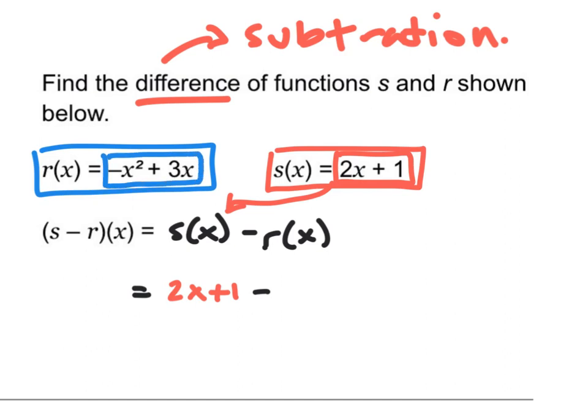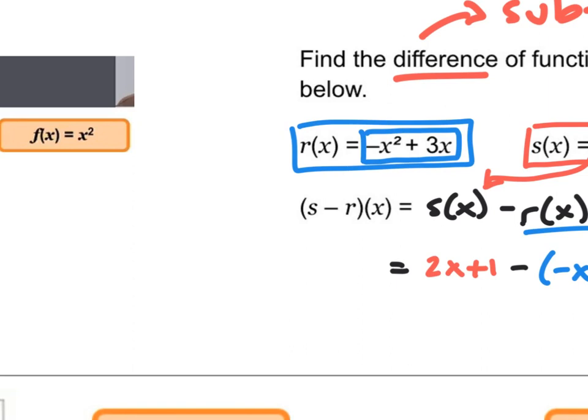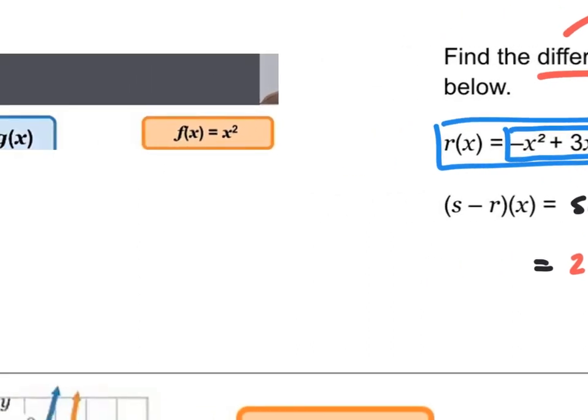Now, when I subtract a function, I'm going to put this in parentheses because I'm subtracting that entire quantity. And I'm going to write negative x squared plus 3x. That's that quantity. So let's write this down over here. This is a separate note, and this is important.